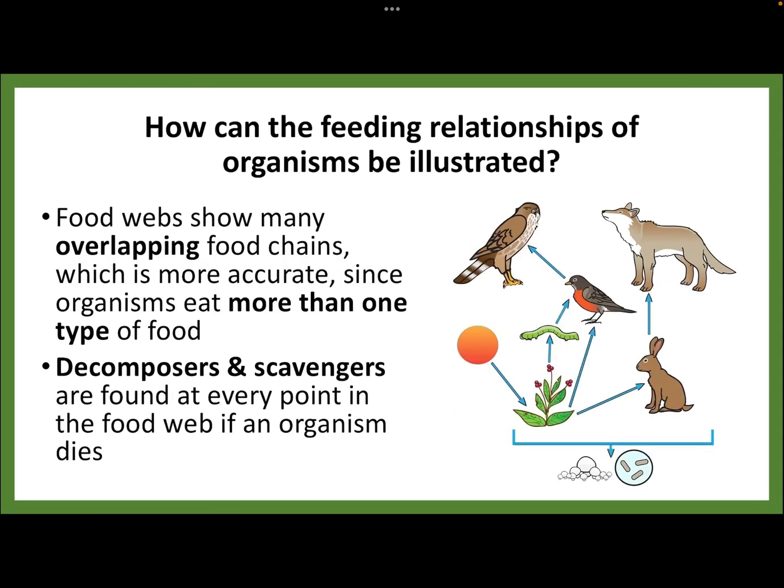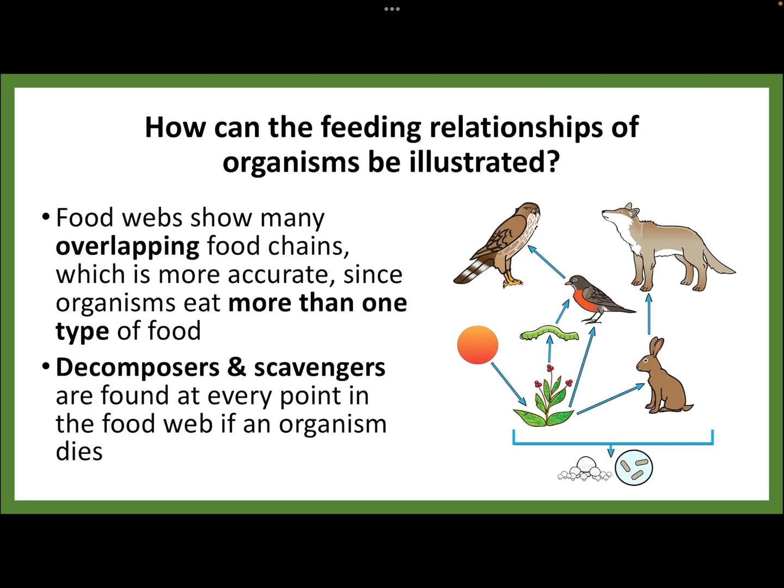A food chain shows one flow of energy. A food web shows multiple flows of energy. A food web is more realistic than a food chain because in our ecosystems, we will have multiple feeding patterns going on.